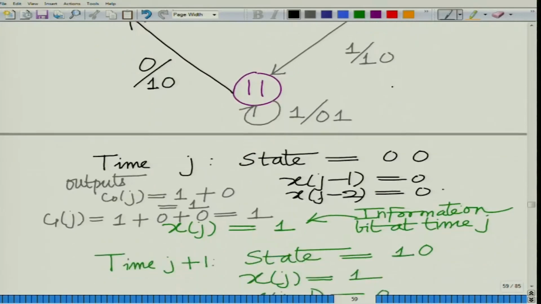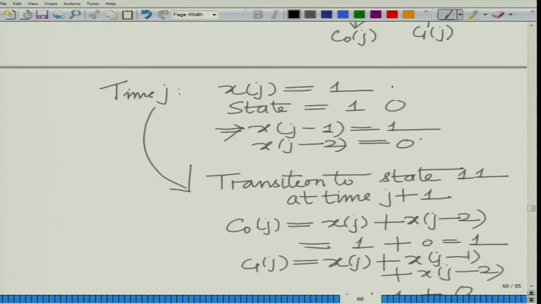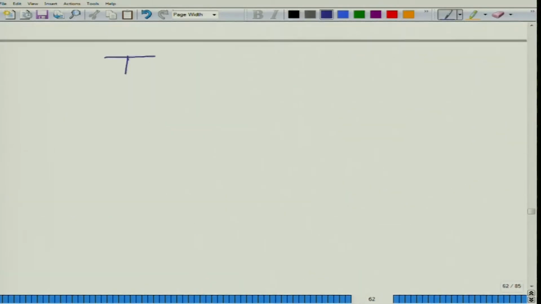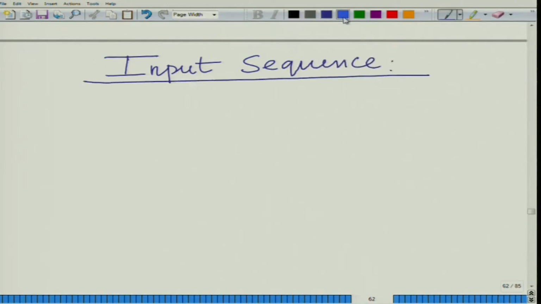Okay. For instance, now let us look at a particular input sequence and let us see what is the corresponding generated coded output sequence.